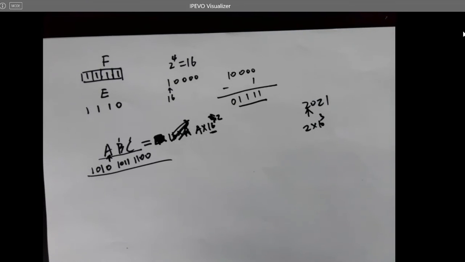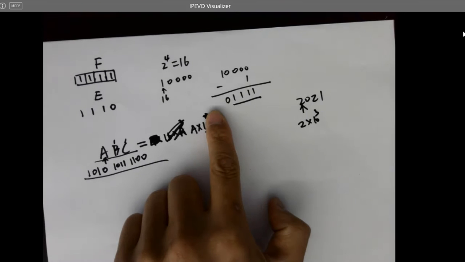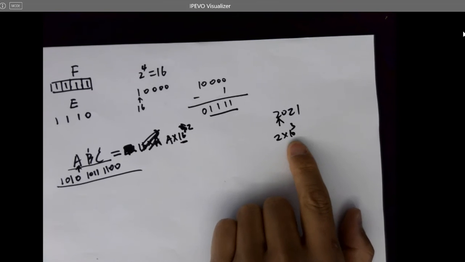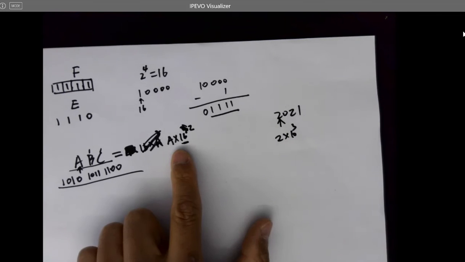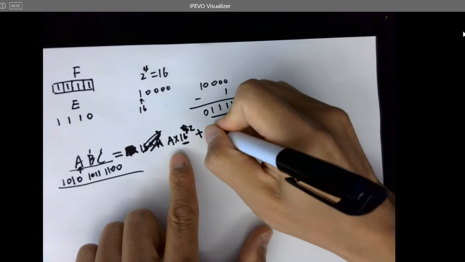So what is that? It's 10 times 16 squared. Like this one, same: 2 times 10 to the third. Plus B times what?